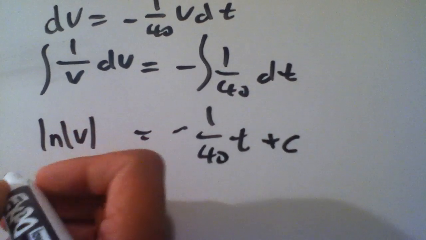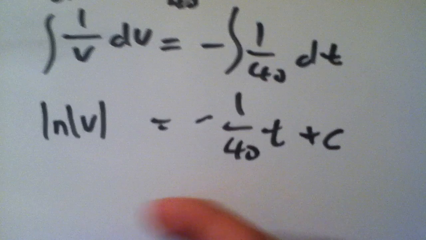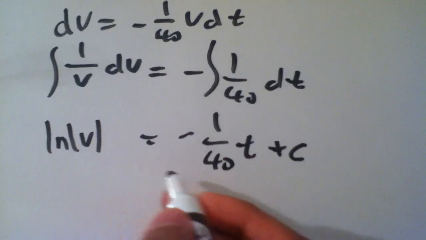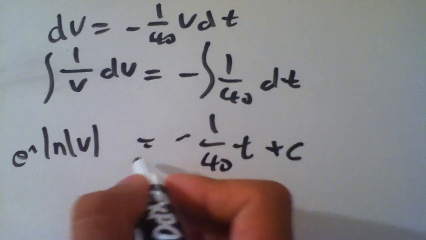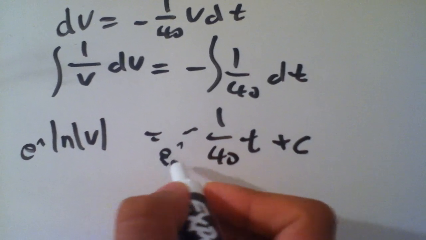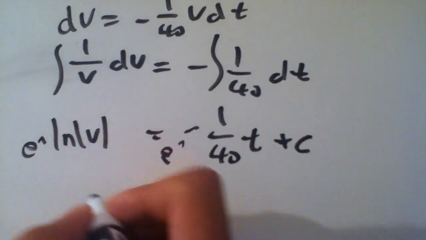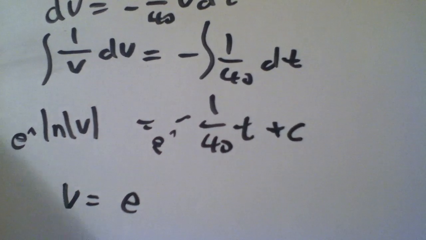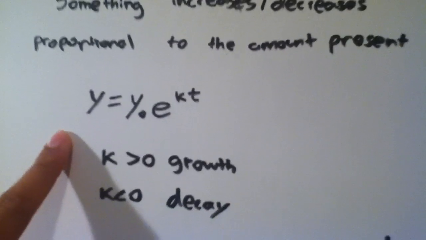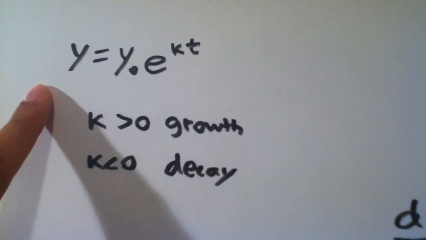Then if we want to find V in terms of t, we should take e to the power of both sides, because that will get rid of the natural log here, and we'll get something that ultimately looks like this. This is always our goal.